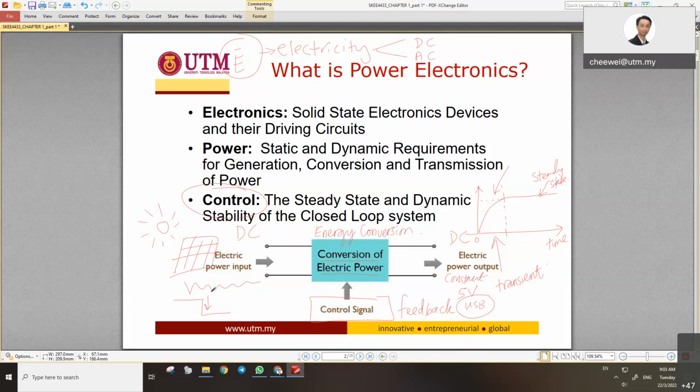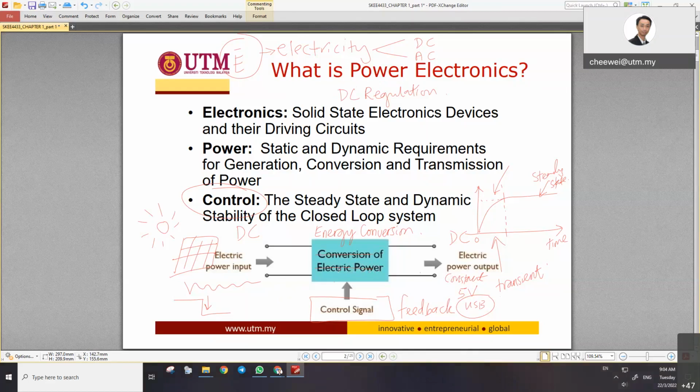Because the input is not constant, but the output is constant. So for DC to DC, if you do this kind of control, normally we call it regulation. I'm regulating the output voltage to become a constant.